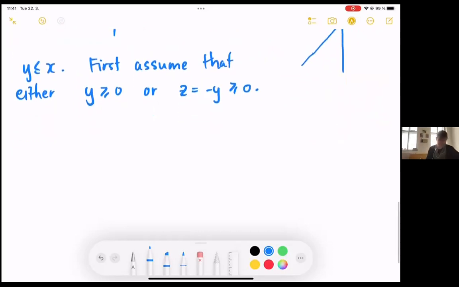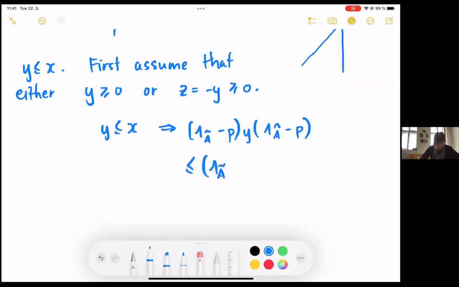Then since Y is less than X, recall that we saw that we can multiply on either side by an element and its star. But in this case, we're just going to do a positive element, so we can multiply on either side by this 1 minus P, and this preserves the order.